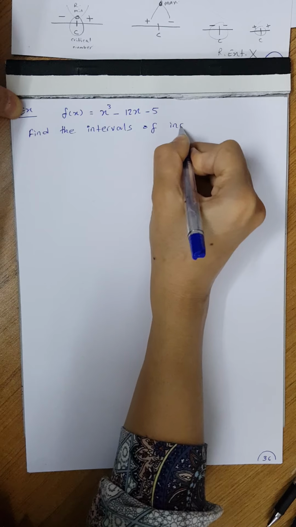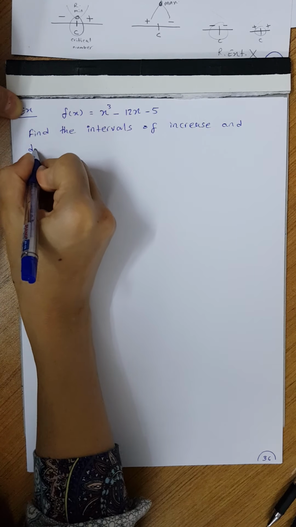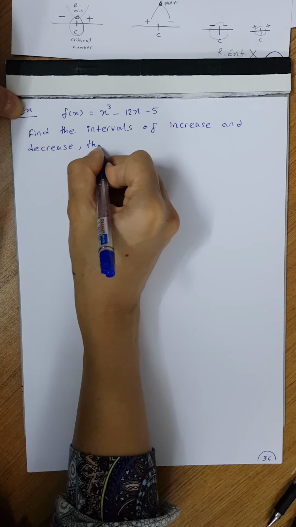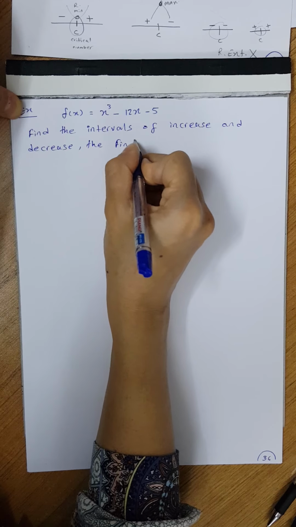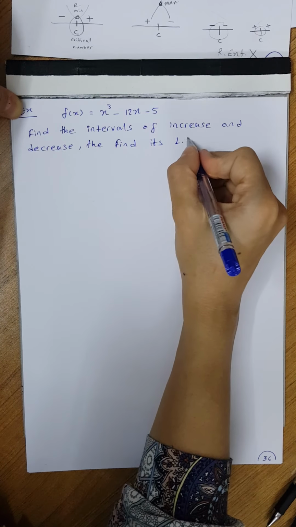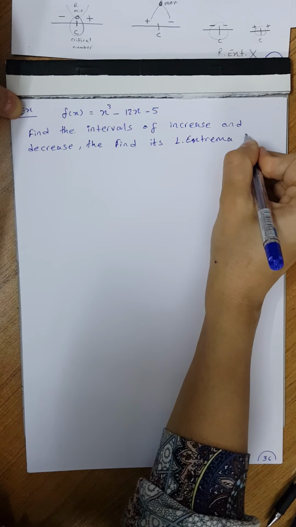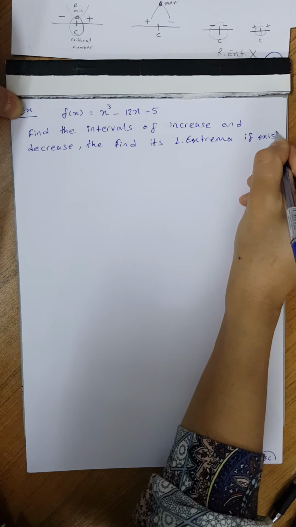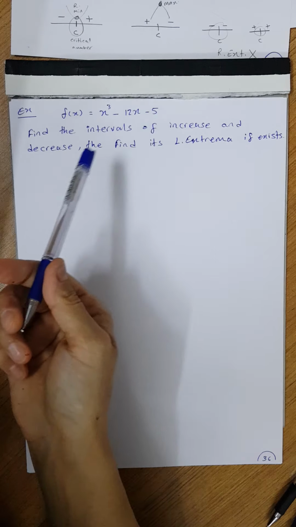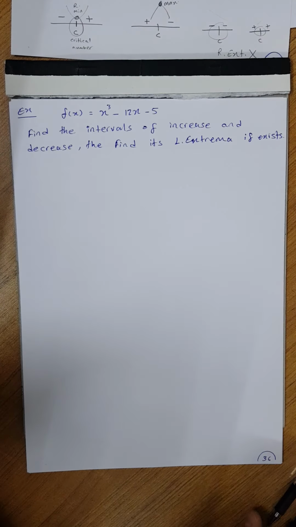Then find its local or relative extrema, if they exist, because we may not have local extrema, or we may not have the function increase or decrease. Maybe only one of them occurs in the function.